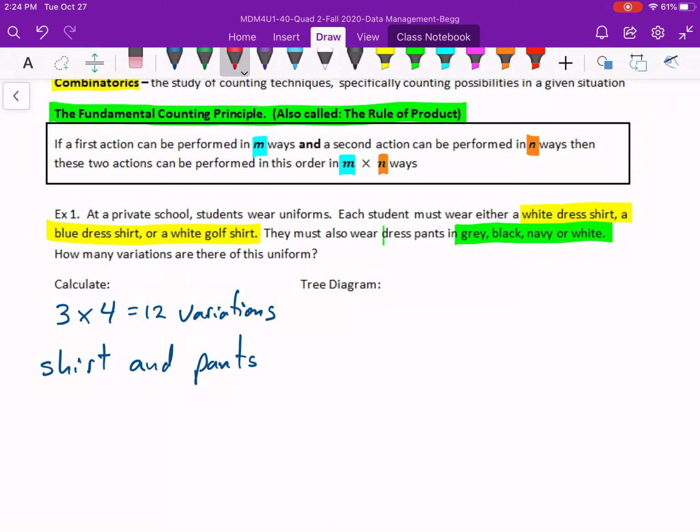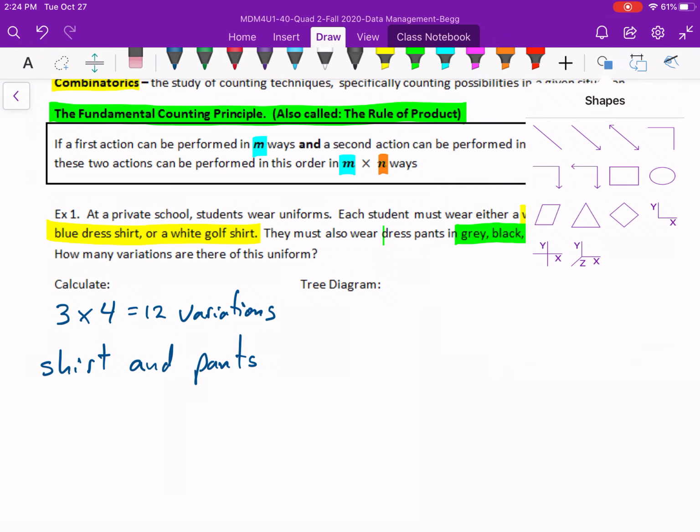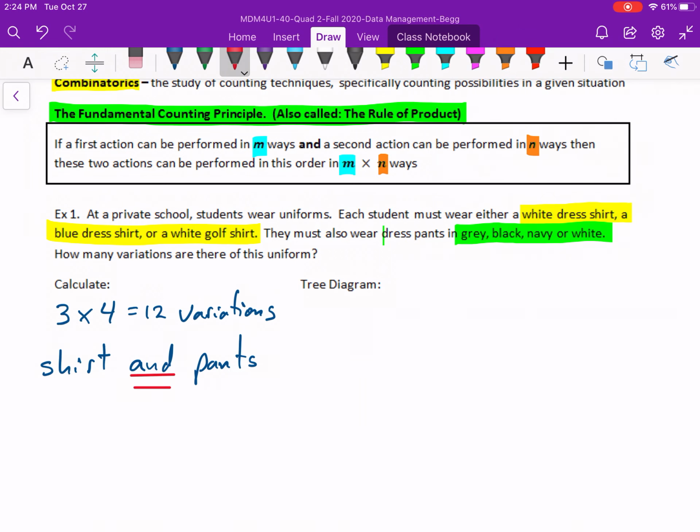Now this word "and" is giving us a heads up. When we see the word "and," we understand that it's talking about multiplication. So when we think of things as "and," we should always think multiply. This and that. Shirts and pants.